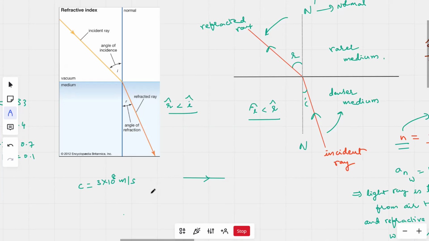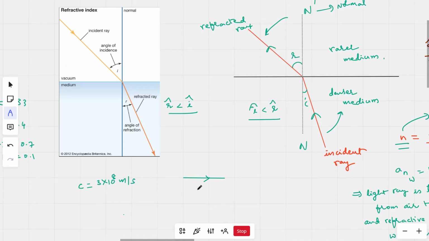Optical density is the measure of the extent to which the light ray slows down. Moreover, as I told you, light is an electromagnetic wave. It doesn't require any medium to travel. That means it travels through vacuum also. For example, sound cannot travel through vacuum, but light can. Remember.